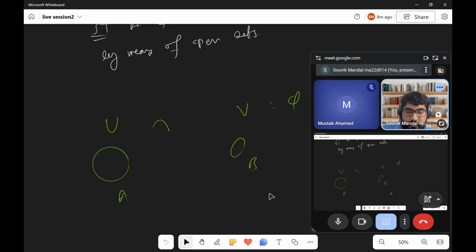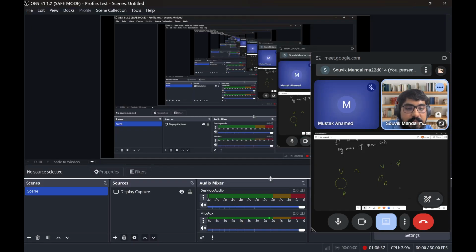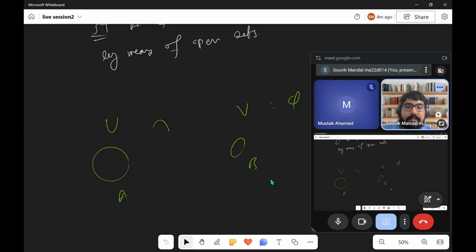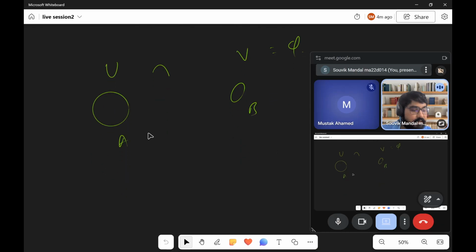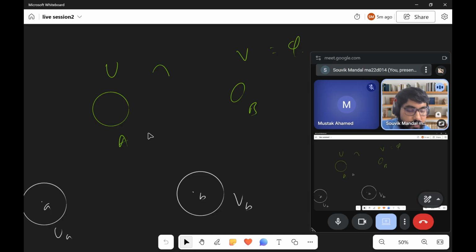Okay. So the thing is that for each a belonging to A and each b belonging to B, we shall get open sets U_a and V_b such that U_a intersection V_b is empty, correct?